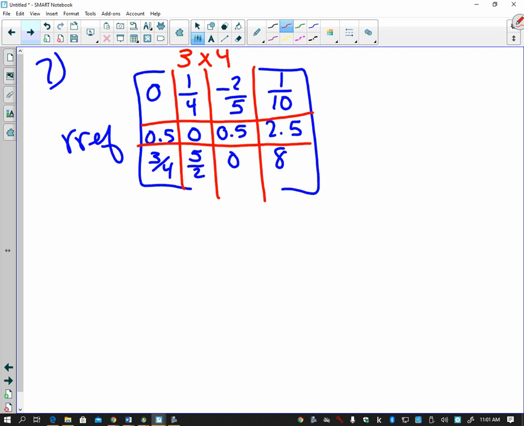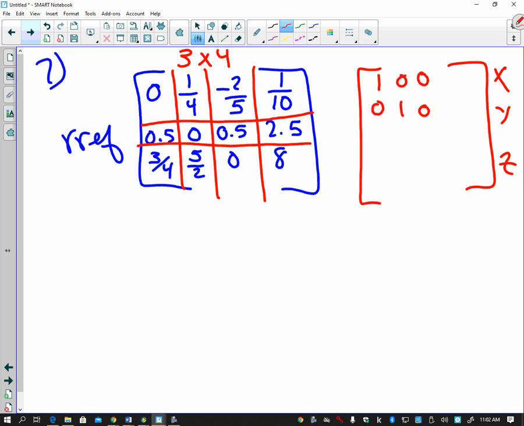And because it's XYZ, my answers are going to be over here, going down through there, and I get 1 0 0, 0 1 0, 0 0 1, and then these 3 numbers are going to be X, Y, and Z.